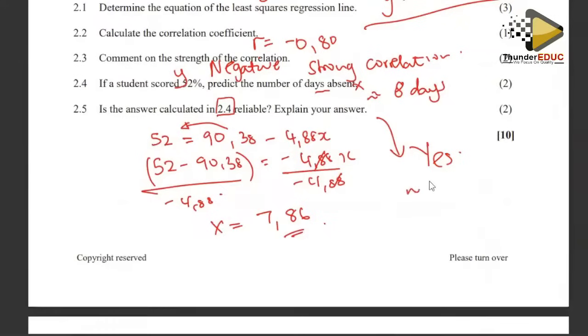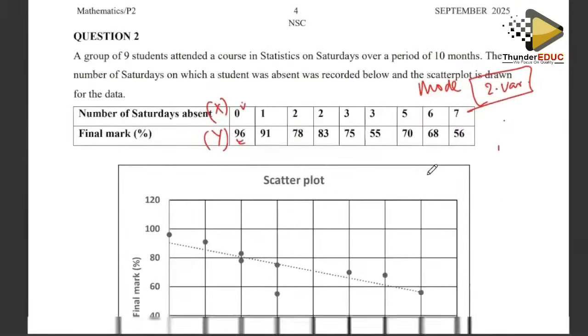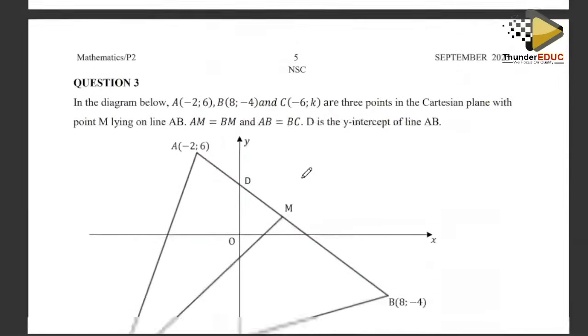Because the correlation is negative, meaning that if you're absent for more days, the possible mark that you obtain is smaller. We see that for 7 days, the learner got a 56. Now if the learner is absent for 8 days, it should be a 52, which means it's following the trend, meaning that it is very reliable.